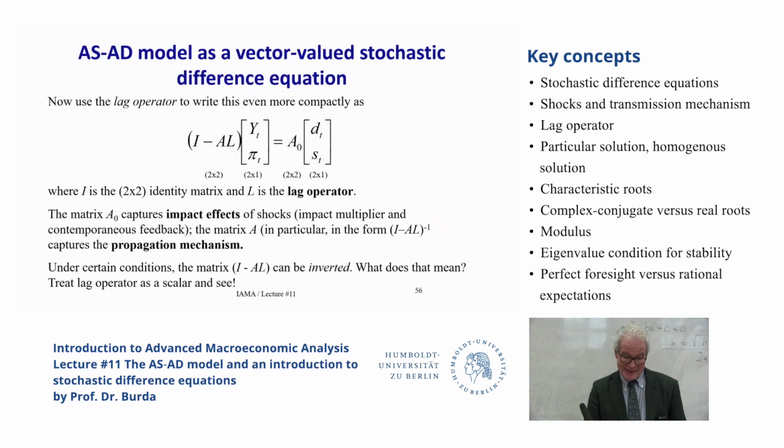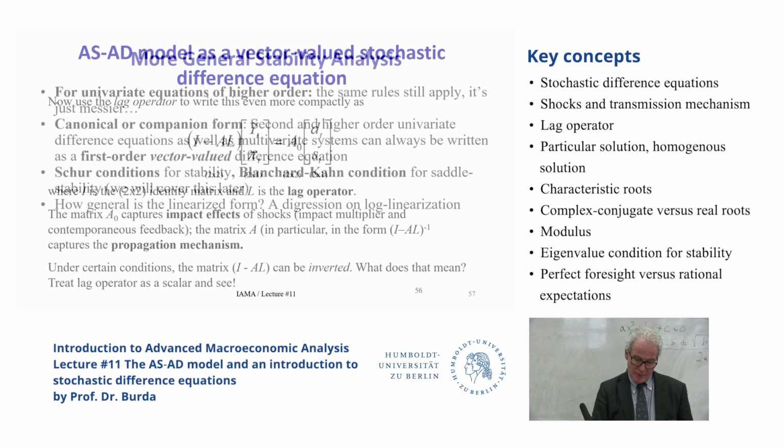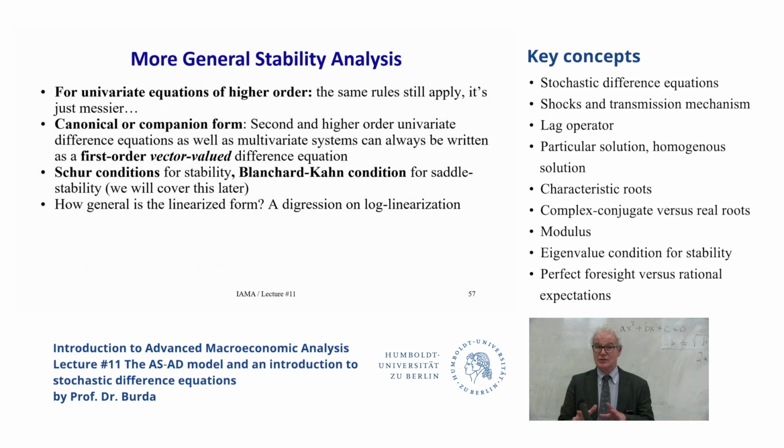So they're going to give me the same stability information, even though it's only regarding y and not pi. Now I've got the system, and it's all about the stability properties of that system. So ultimately, that's a message to you. If you go on to do more advanced stuff, you're going to think about the eigenvalues of a matrix, but it's the same logic as the characteristic roots of a univariate representation.